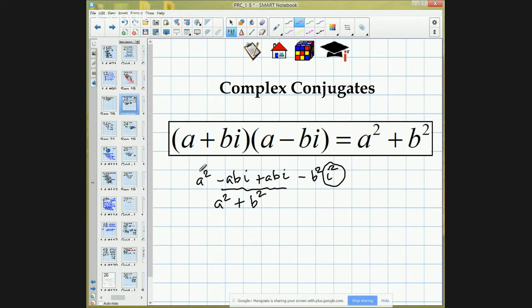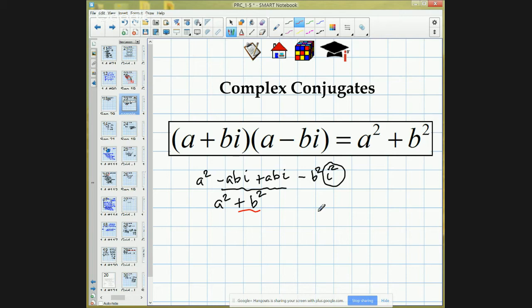So if you look here, I just hand shook it out, did all four terms. We still do have an annihilation of the two middle terms. So we wind up with a squared minus b squared i squared. And now the simplification: i squared is equal to negative 1, so minus b squared times negative 1 actually becomes plus b squared. So thanks to complex numbers, we can now factor the sum of two squares.